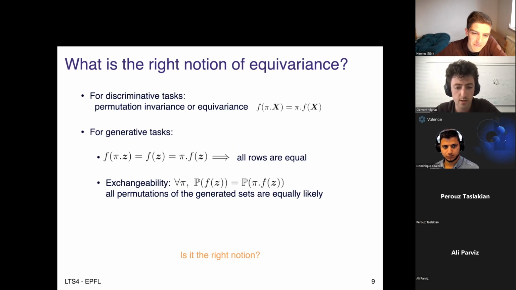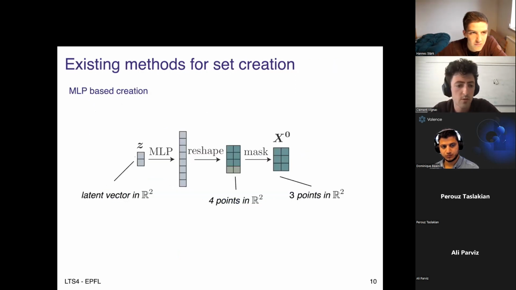Okay, so we have seen that the challenging part is set creation, that maybe we need exchangeability, but we'll discuss this. So let's see what people have done for creating a set or a graph. The easiest thing that you can do is just to learn an MLP.